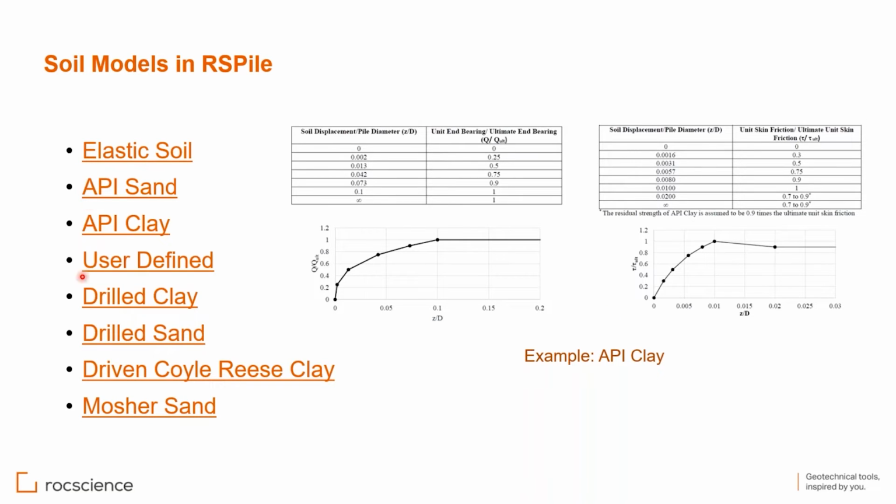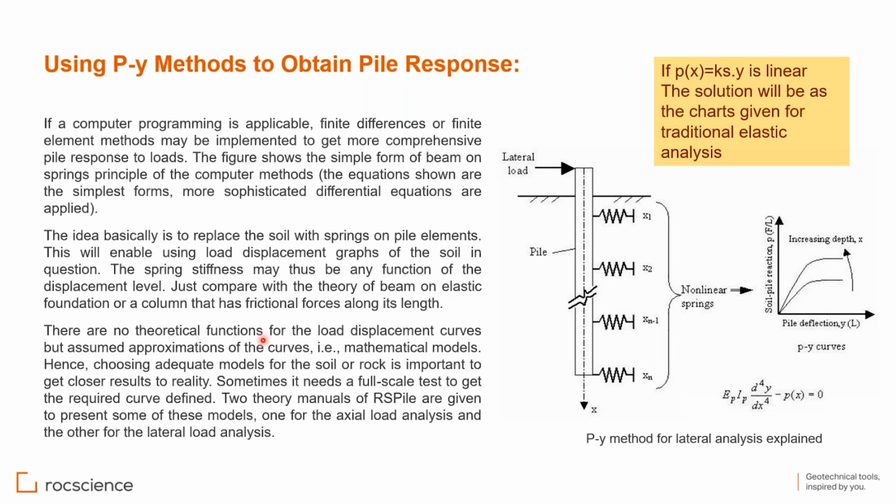So you can choose any of these, which are well known in a couple of standards, including, for example, FHWA and maybe AASHTO, and you can also apply elastic soil, which should coincide with previous elastic methods. Or you can have user-defined stress-strain curves or T-Z curves and Q-Z curves. You can get them from the site, from a preliminary test or an O-cell test or whatever.